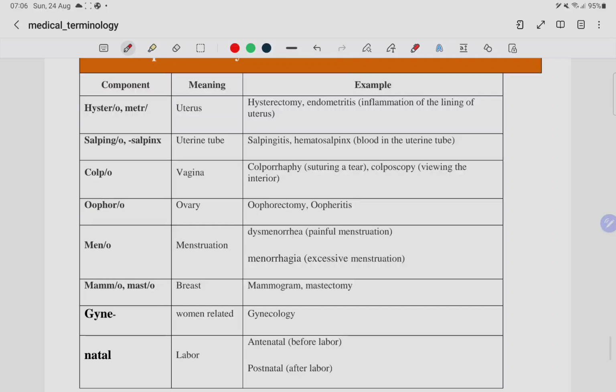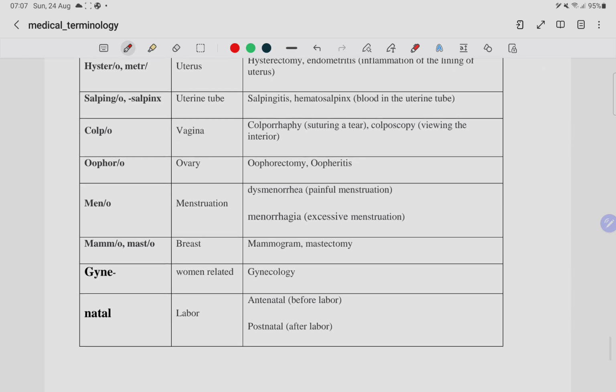Okay, hystero means the uterus, so hysterectomy means the removal of the uterus. Metro also means uterus, so endometritis is inflammation of the cells lining the uterus. Salpingio means uterine tube, so salpingitis means inflammation of the uterine tube.